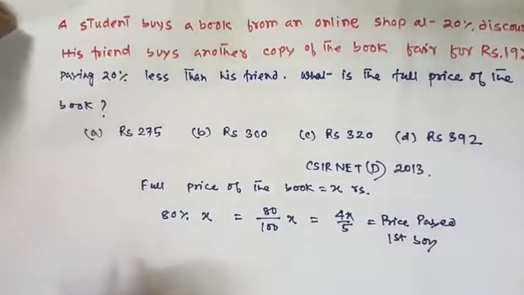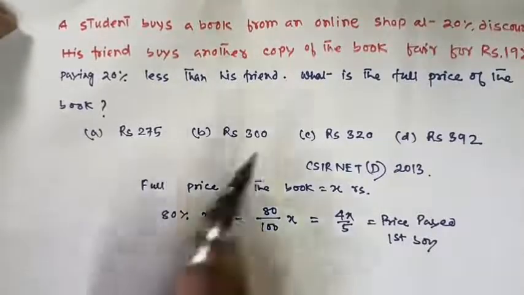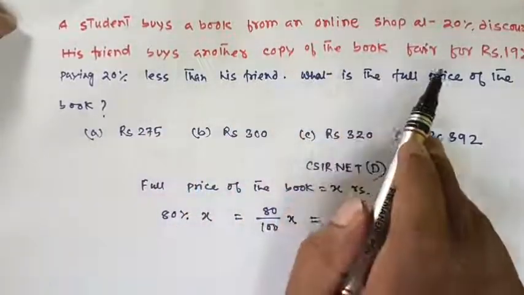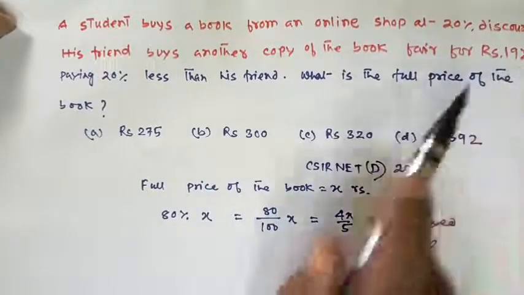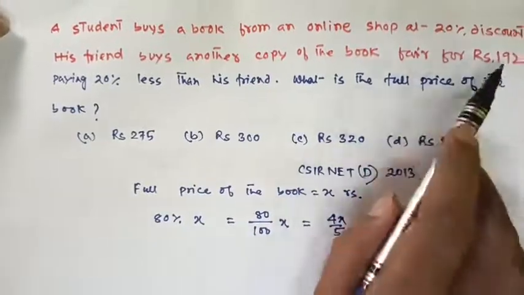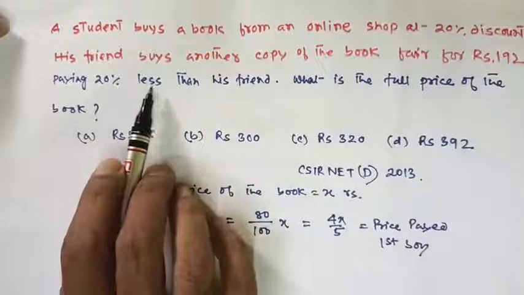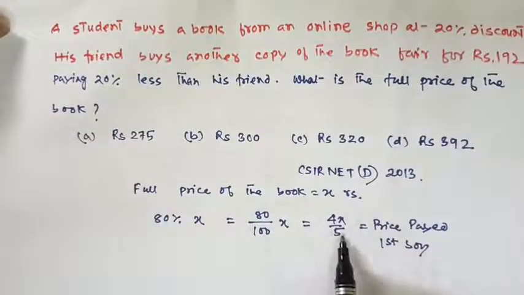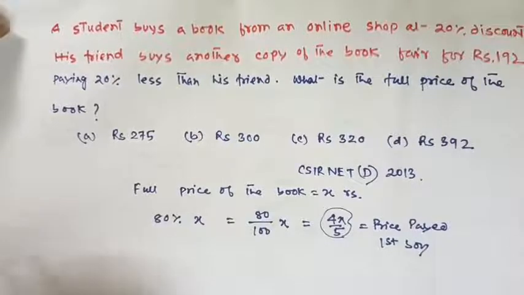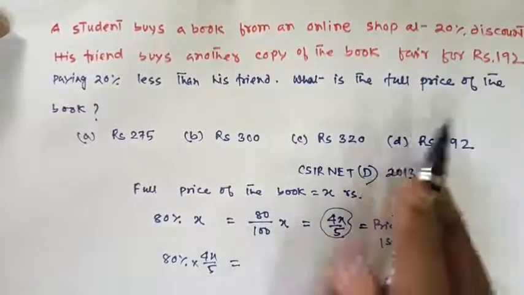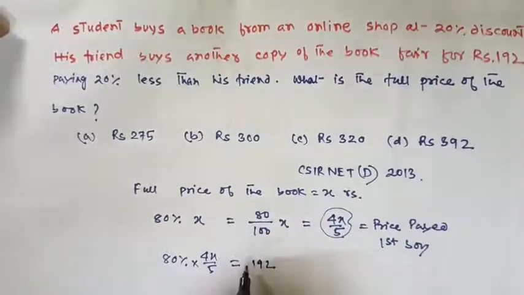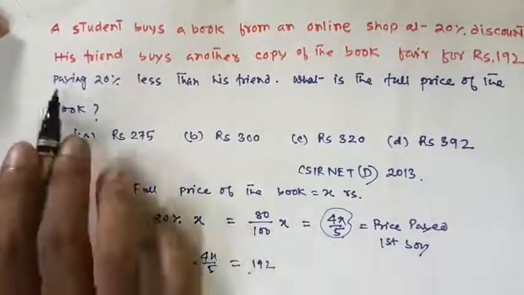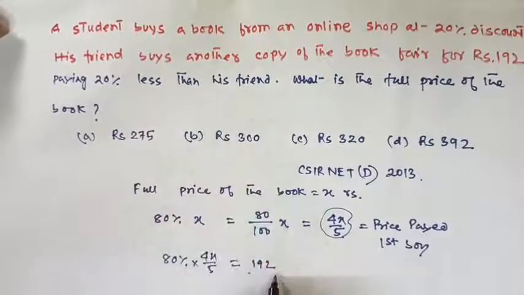In the second case, it is said that his friend buys another copy of that book for 192 rupees, and this price is 20% less than the first price. So 20% less than this price would be 80% of it. So 80% of 4X divided by 5 is equal to 192, since the price paid by the second boy is 192.